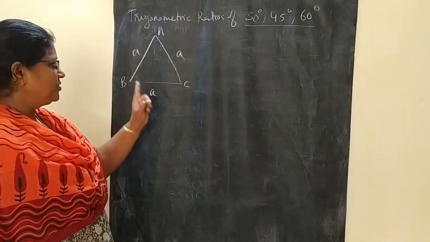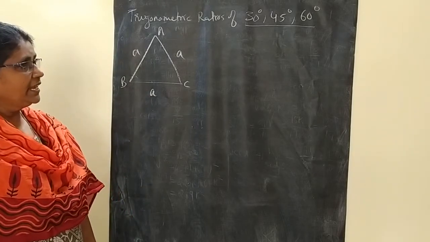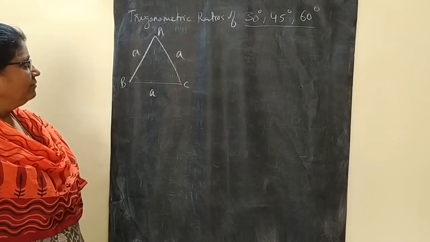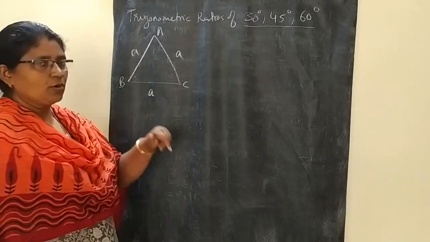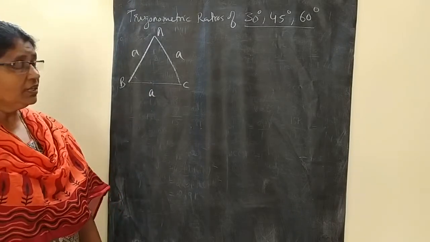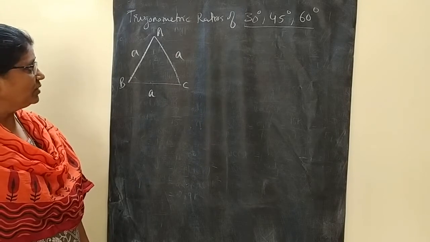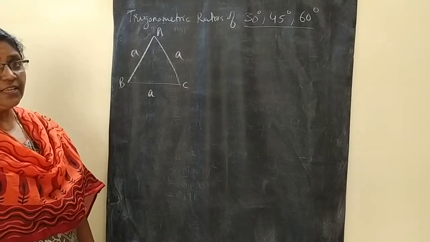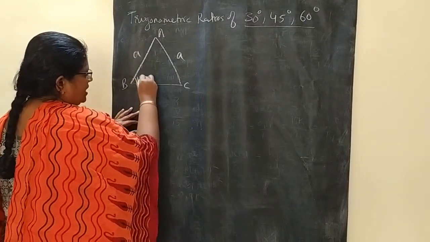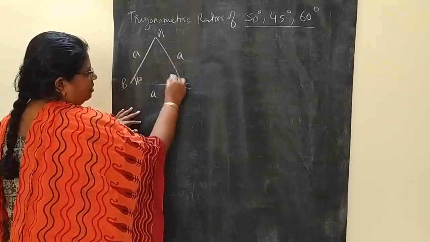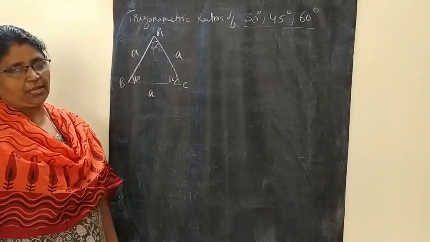Now the next property is that when the three sides are equal, the three angles are also equal. We know the sum of the three angles is 180, so each angle is 60 degree.